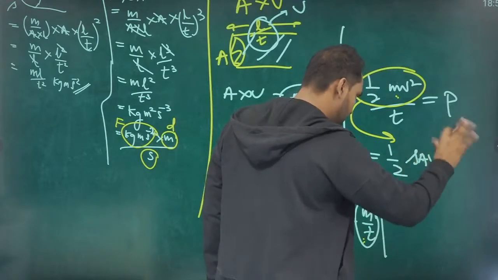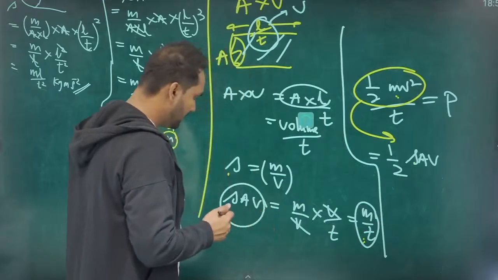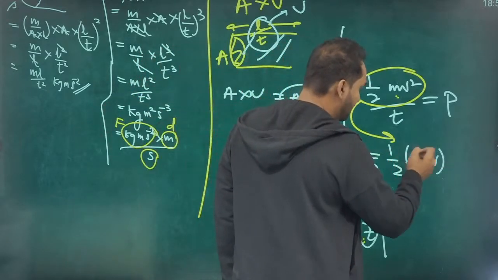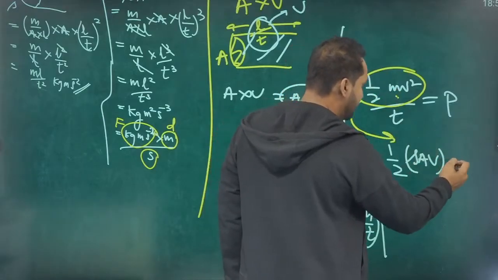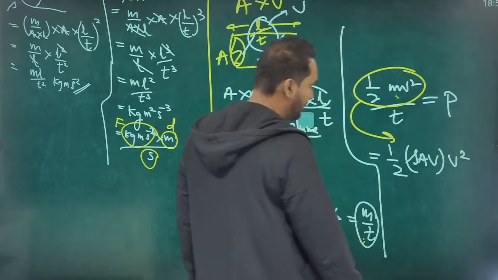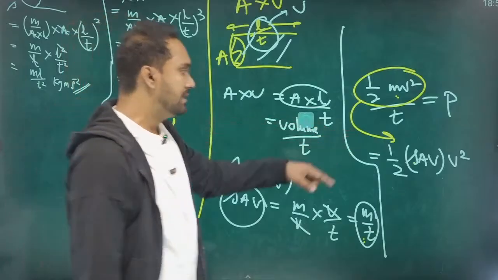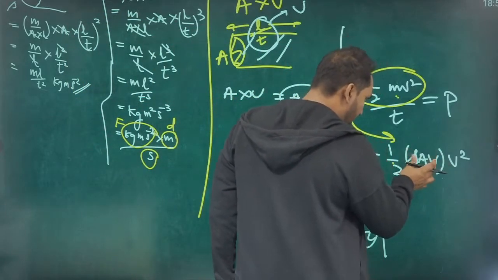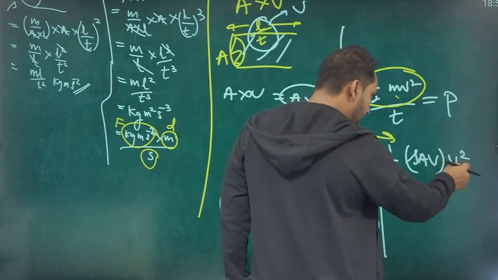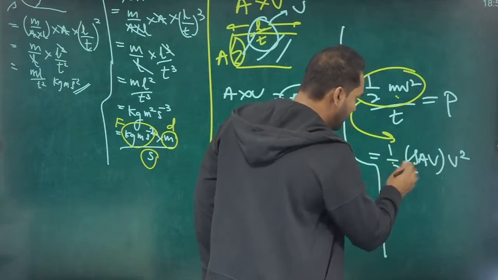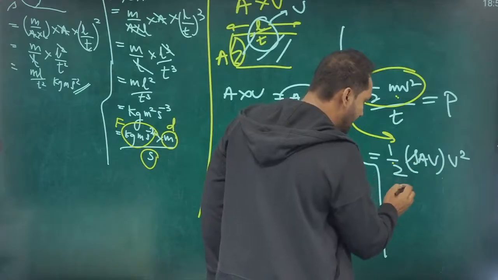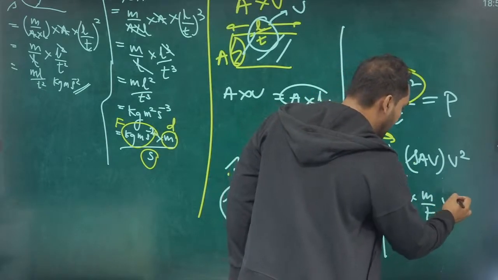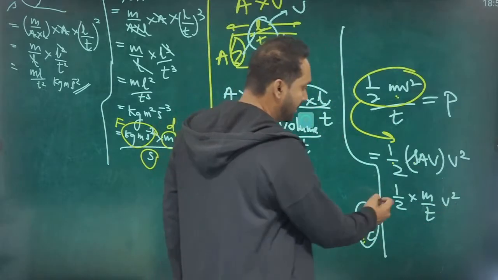Now there's t as well. Let's forget about the t. So this is mass, half m. v square is anyways the velocity square. Now if I take rho A V as m over t, now half into m over t, v square is there. You understand that?